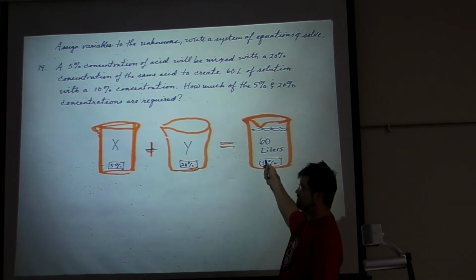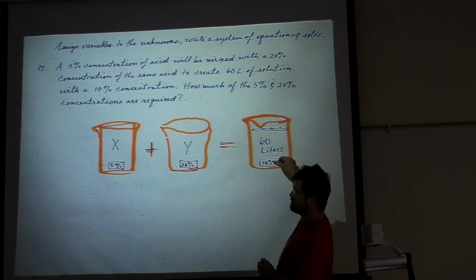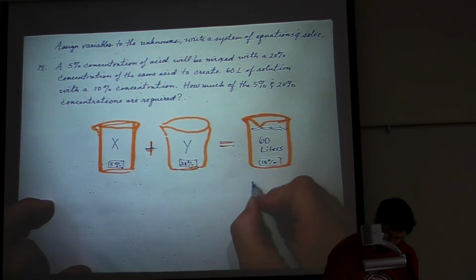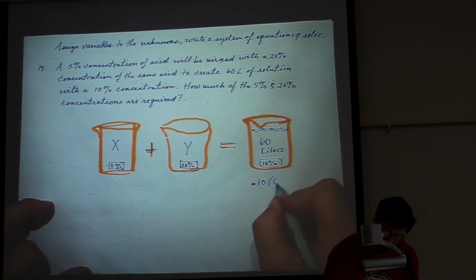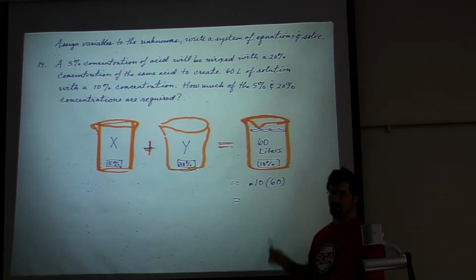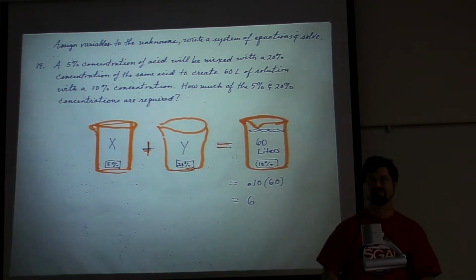So let me talk about this first. To find out how much acid is in something, you do concentration times volume. So concentration is 0.10, volume is 60, which tells us that in this vat there is 6 liters of pure acid.